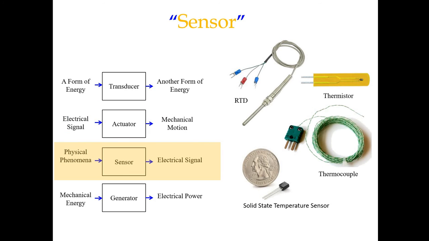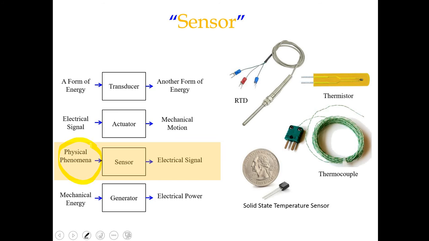Next we talk about the sensors. We can find sensors everywhere, even in our phone, car, laptops, and everywhere around us. Sensors are also converters, but they convert physical phenomena, like temperature, light intensity, pressure level, even the location and the direction.